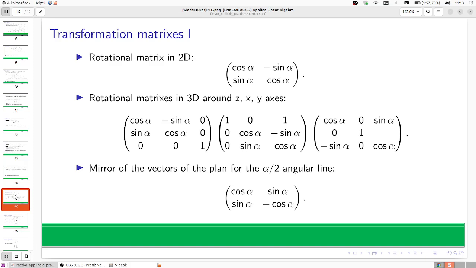It means if there is a vector, quite simple vector, then the result should be something like this. No, it's yes. Okay, this is what I expect.